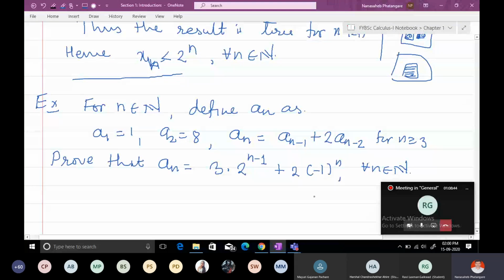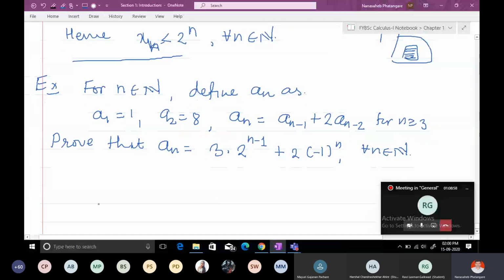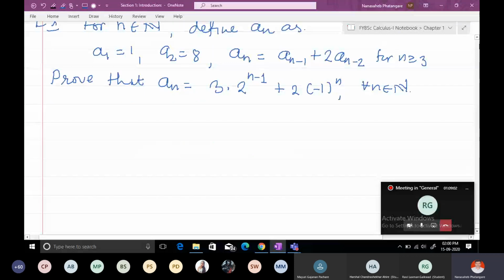Now, the problem is clear. How do we define the numbers a_n? a_1, a_2, a_3, a_4, a_5, and we have defined infinitely many numbers. a_1 is 1, a_2 is 8, and what is a_3 now? The definition for all n greater than or equal to 3 is this.